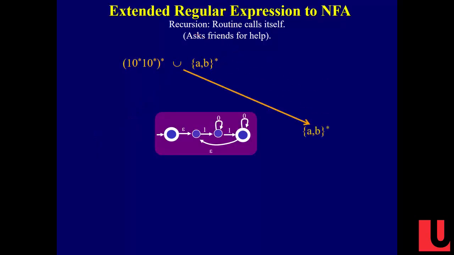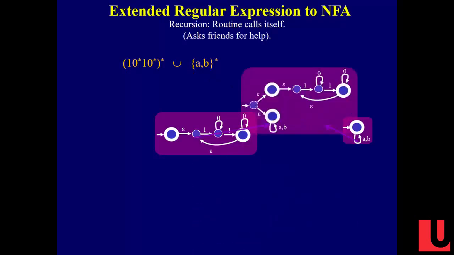And then the top guy says, okay, great, let's go down here and have another friend who is supposed to do A, B star. He could go to his friends, but there's A, B star.